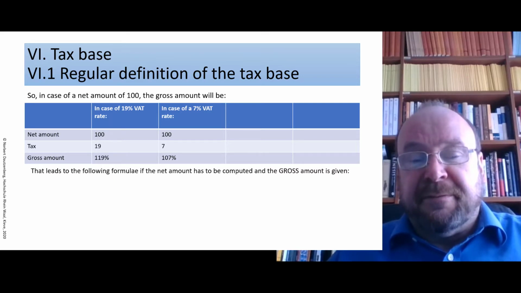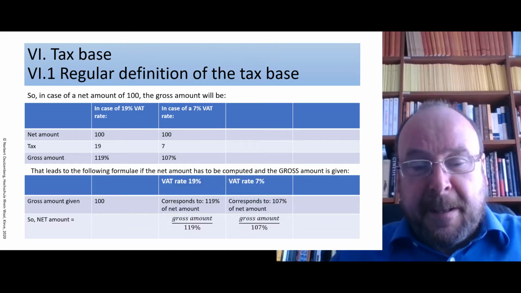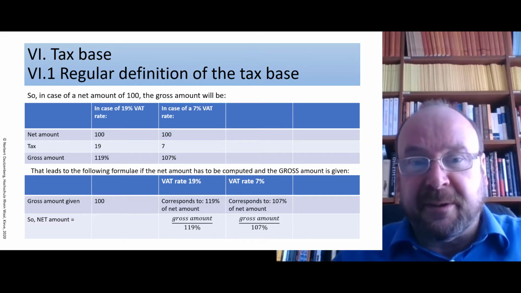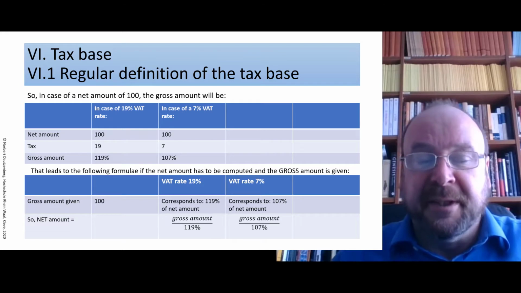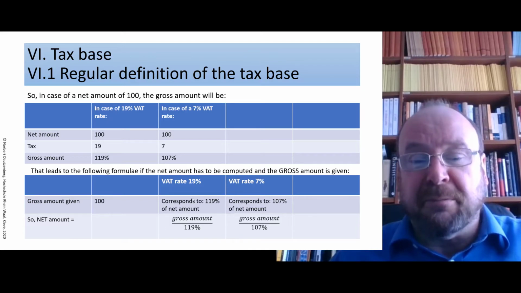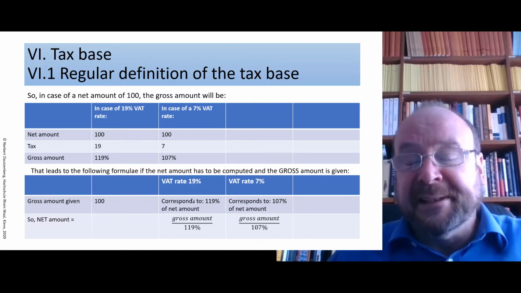That leads to the following formula if the net amount is unknown and you know the gross amount. If the gross amount given is 100, that corresponds to 119% of the unknown net amount. So the net amount here will be the gross amount divided by 119% or divided by 1.19, which is mathematically exactly the same.